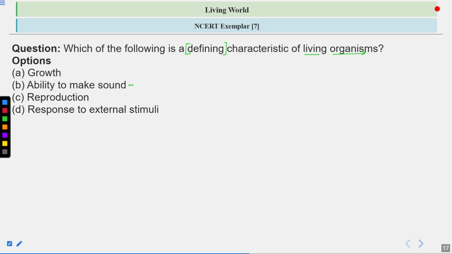Then option B, ability to make sound. Option C, reproduction. And D is respond to external stimuli. Clear? So there are a lot of stimuli present in the environment. So what will be the answer for this question?